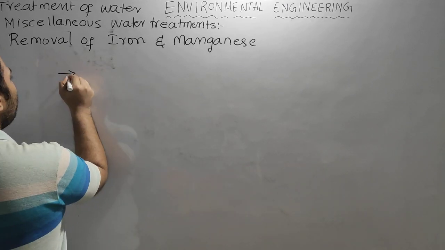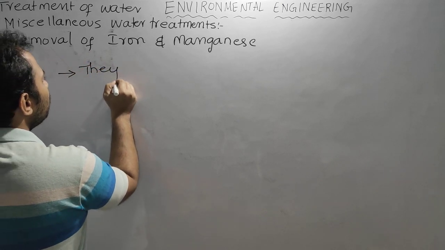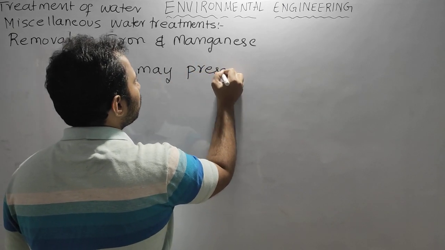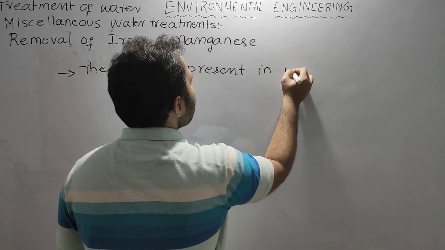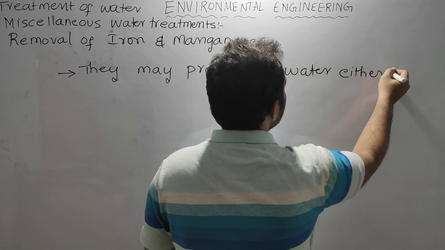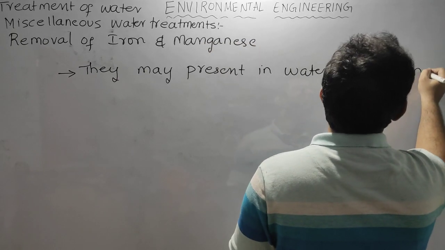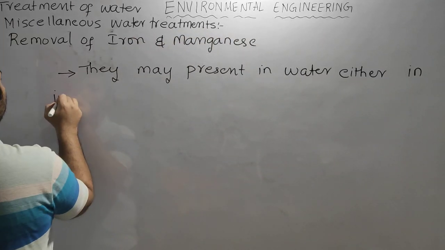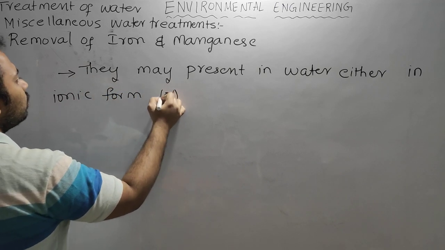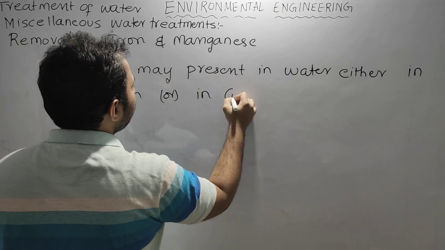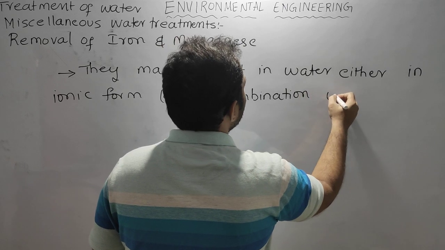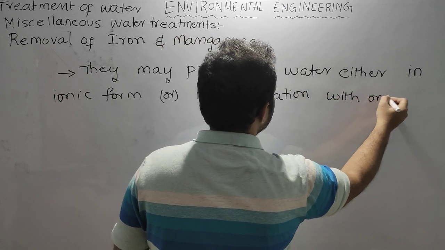So iron and manganese may be present in water either in ionic form, or in combination with organic matter.